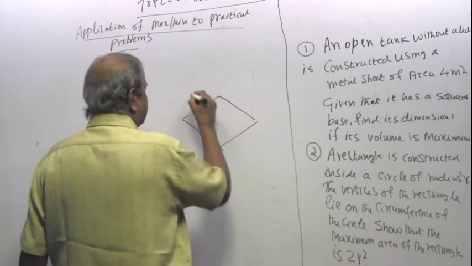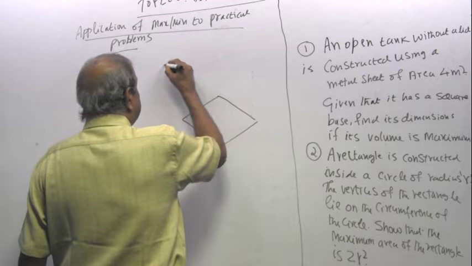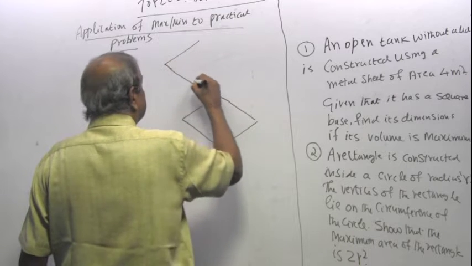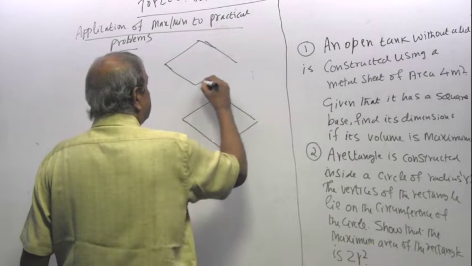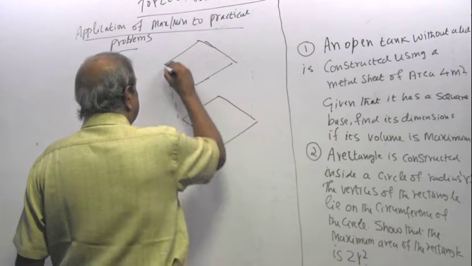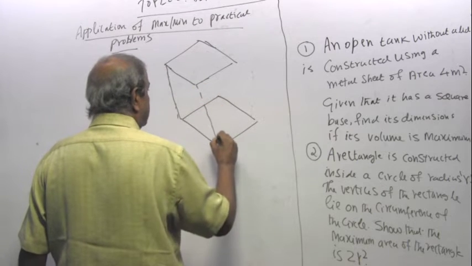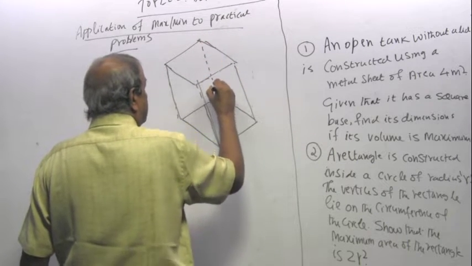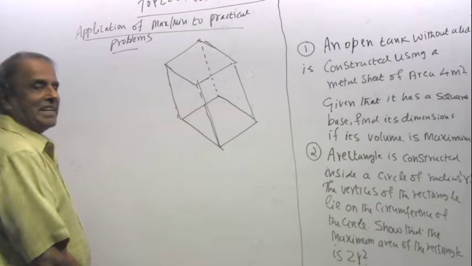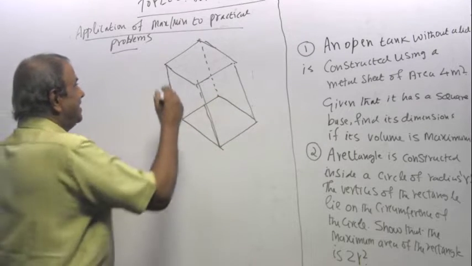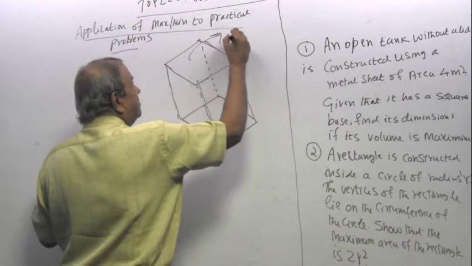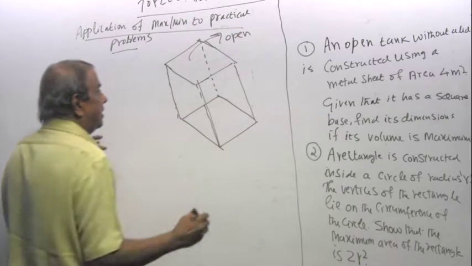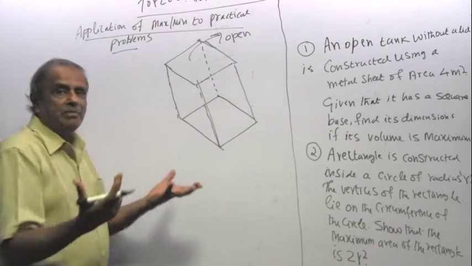It's a square base. There, that's a better tank, isn't it? This side is open. That means you've got the sides. You don't know anything about the sides.